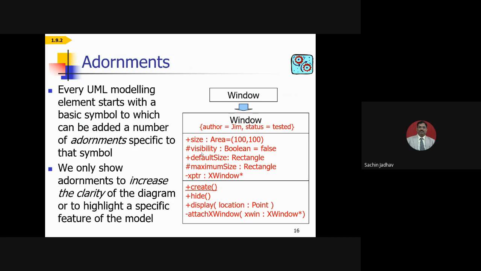How exactly can you specify it? With the help of the hash symbol. The dash symbol, or minus symbol, we can utilize for showing whether it is a private element or not, right? In such a way, you can show the adornments for those basic concepts.